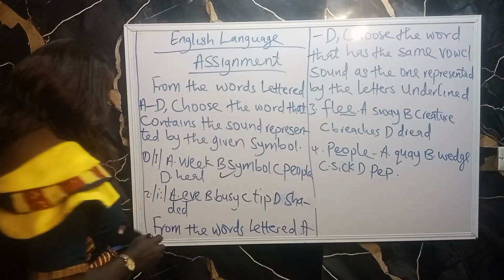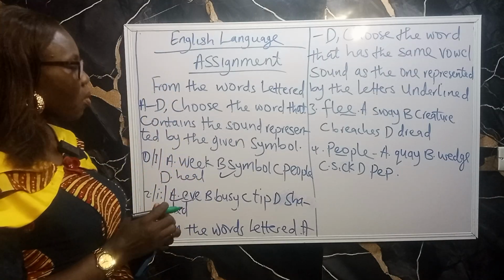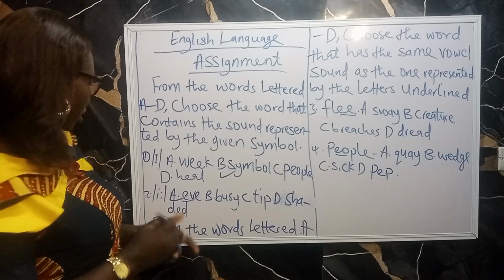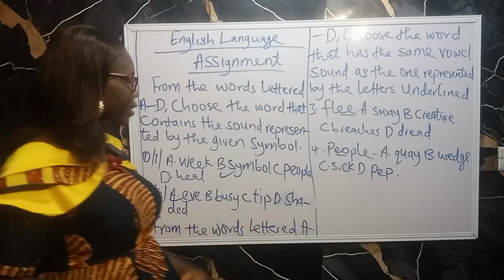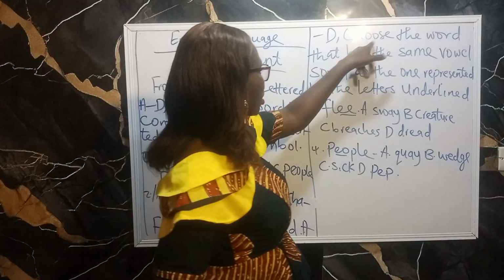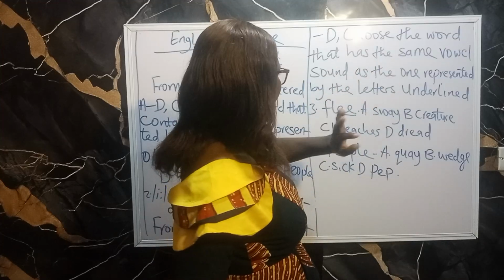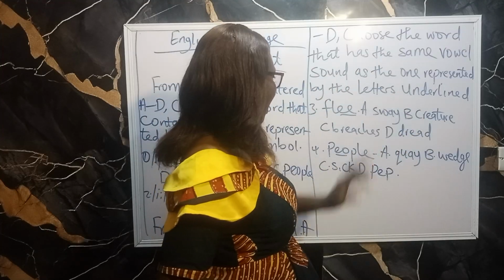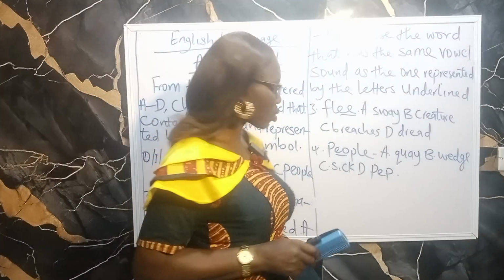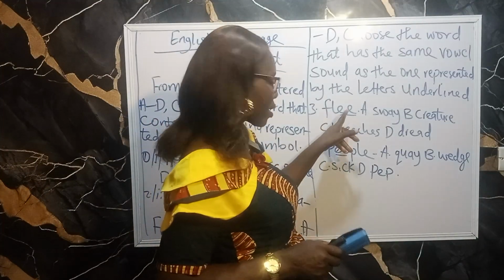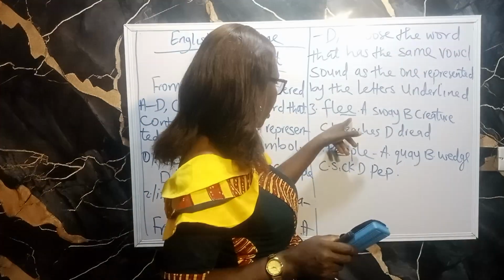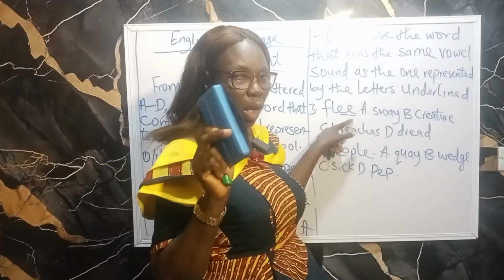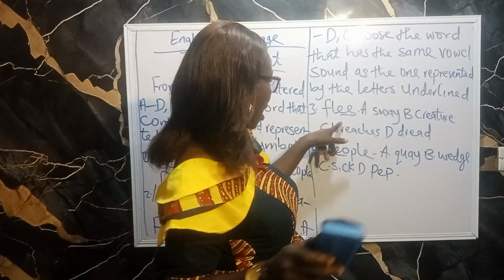That is A. Then the second one has the instruction, from the words lettered A to D, choose the word that has the same vowel sound as the one represented by the letters underlined. The third one there is flee, and here you can see we have EE, denoting a long A sound.